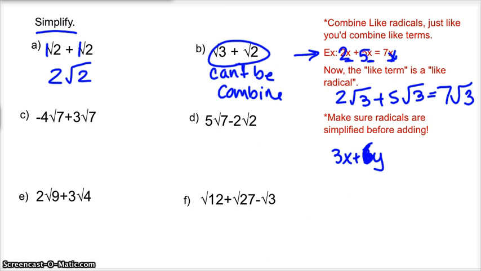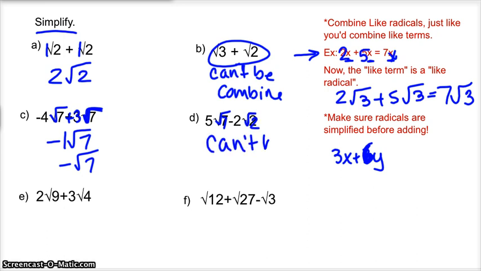Letter C, a negative 4 of something plus 3 of the exact same something, square root of 7, is negative 1 square root 7, or better yet, negative square root 7. Letter D, square root 7 and a square root 2 can't be combined. So it is in simplest form.